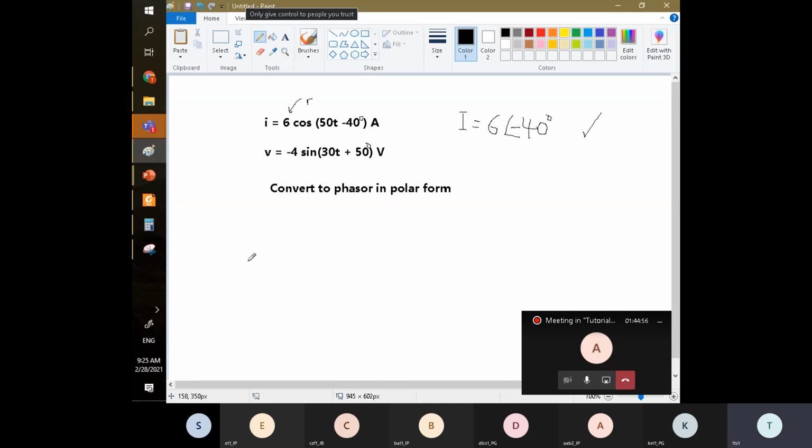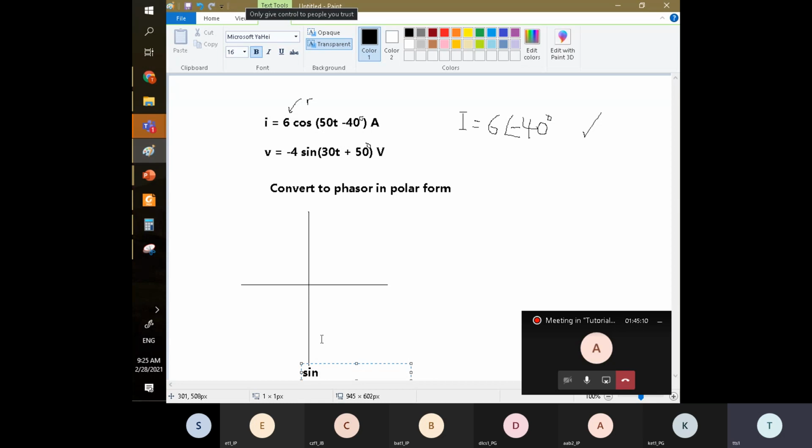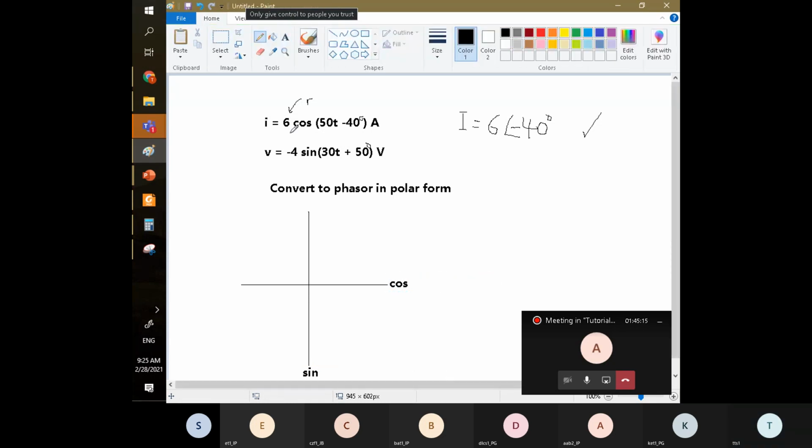So let's draw our cross again. This is a minus cosine here, somewhere here. This is a sine, remember? Cosine is right here on the x-axis. You see, to convert from sine to cosine, we need plus 90.